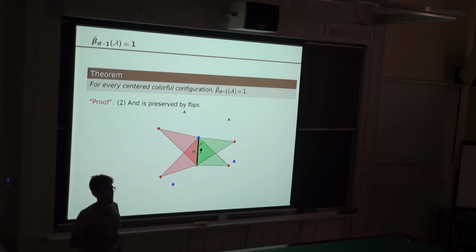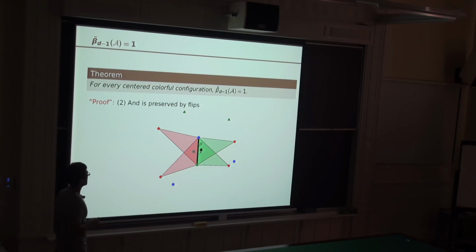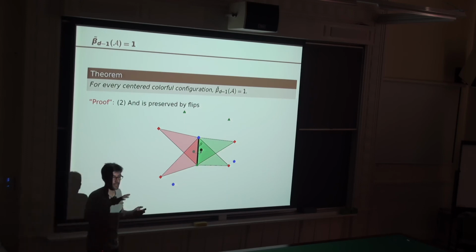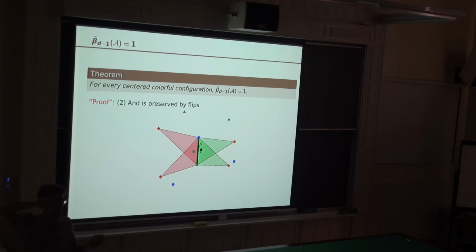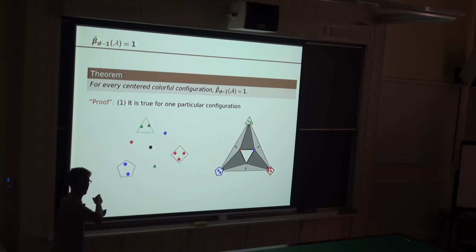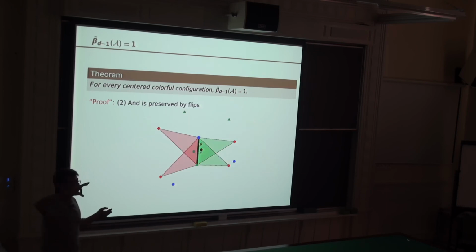And to finish, the main part of the proof, which is something I don't want to tell you because it's more messy, is just to prove that this property is preserved when we do flips. So the essential idea is you have your favorite centered configuration. You can transform it to my favorite, which was this one, and just move each color class independently.